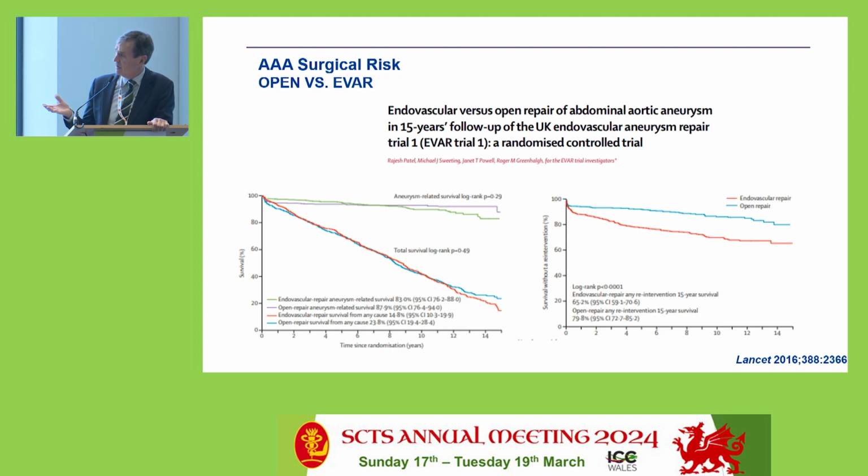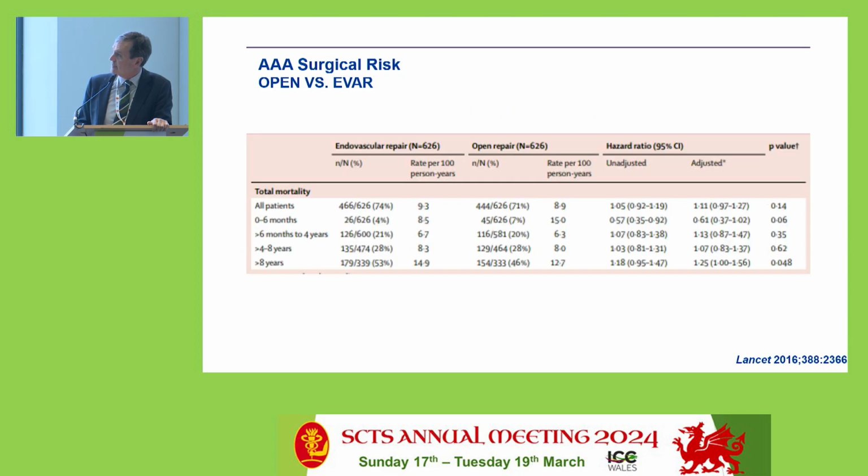On the left, you can see the survival between EVAR and open is quite similar. There might be some split towards open once you get past 13 to 14 years. Obviously, there are more reinterventions with endovascular. That's predictable. If you focus on 0 to 6 months, second line, there's a near significant difference with a higher mortality in the open versus endovascular, but that's because the risk of the surgery is higher.